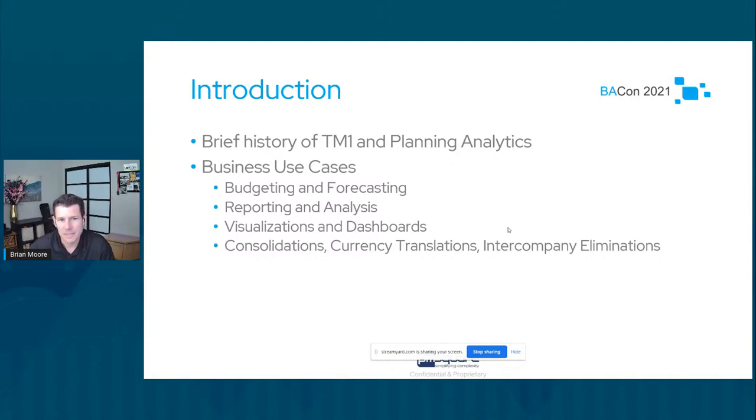I do want to cover business use cases, for everybody, because some folks only use Planning Analytics in a limited capacity. Also, just to cover the two names, I will refer to TM1 and Planning Analytics synonymously. With the rebrand in 2016 we changed names technically, but us old timers still use both names.